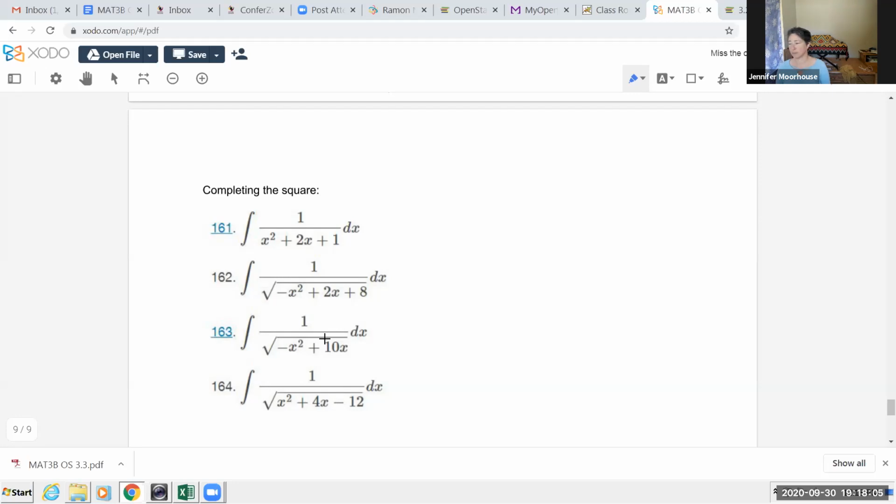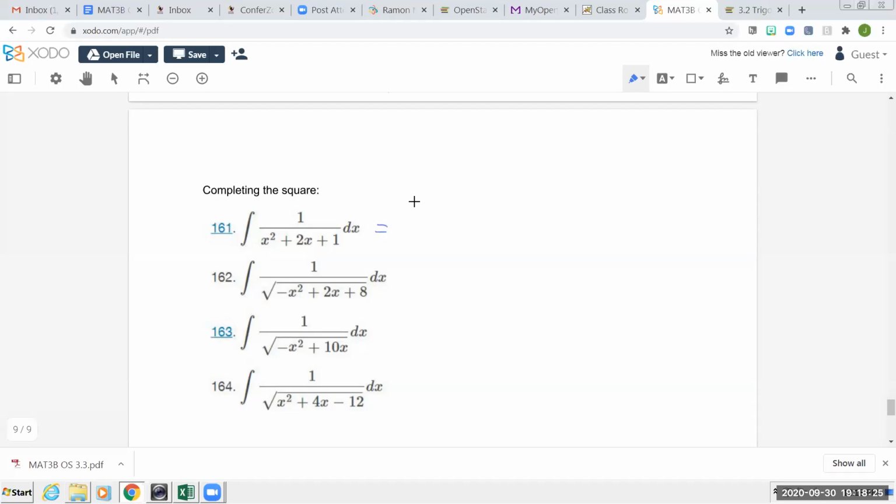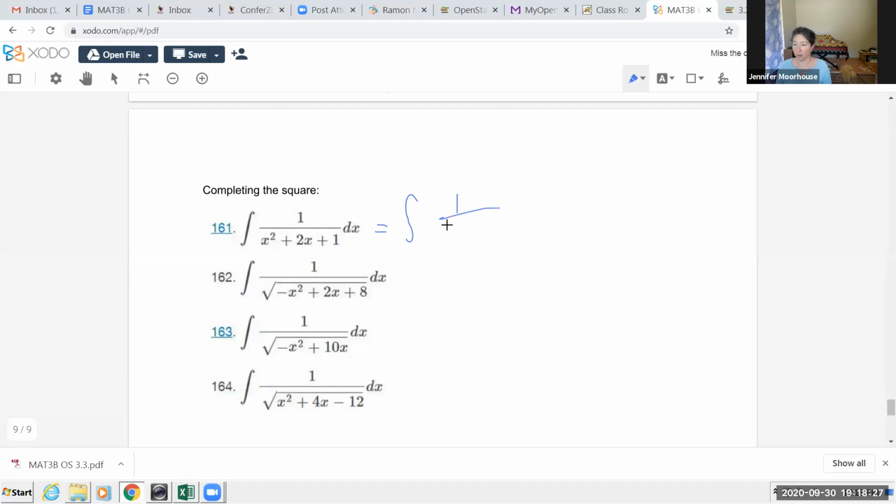It's kind of a trick question. Isn't that one already a perfect square? Exactly. That's why it's kind of a trick question. Because it's already a perfect square, so you don't need to complete the square, right? That's already 1 over x plus 1 squared dx.